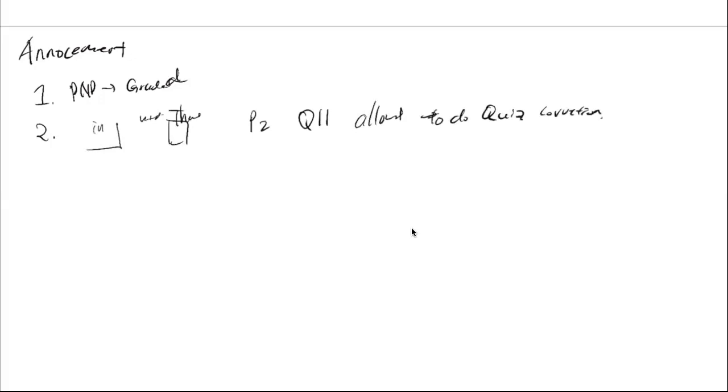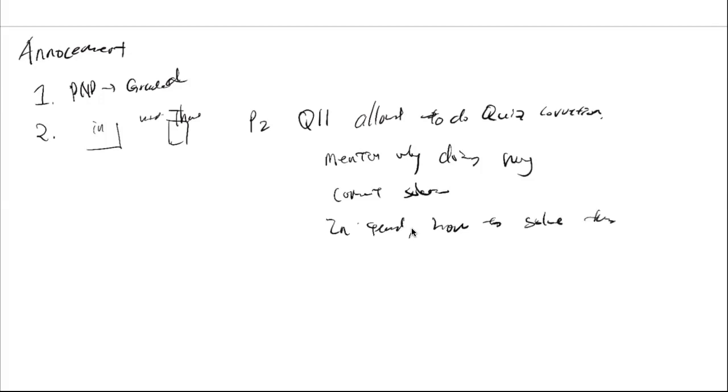And remember the guideline for quiz correction: you mention why you did it wrong, the correct solution, and in general, how you solve this type of problem. The third step is the crucial step.